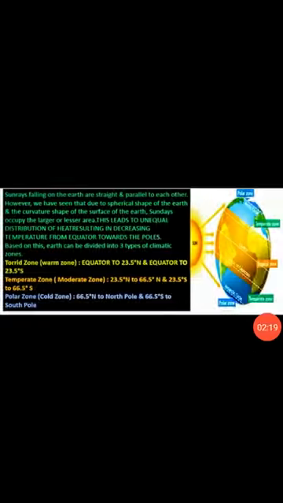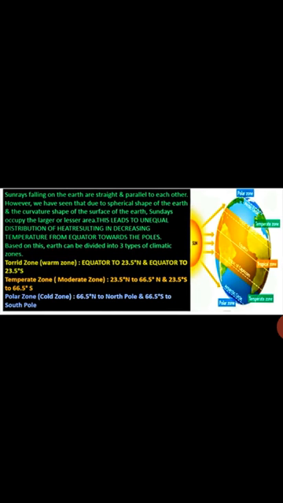Let's learn more in detail. Sun rays falling on the earth are straight and parallel to each other. As you can see, sun rays fall on the earth parallel to each other.